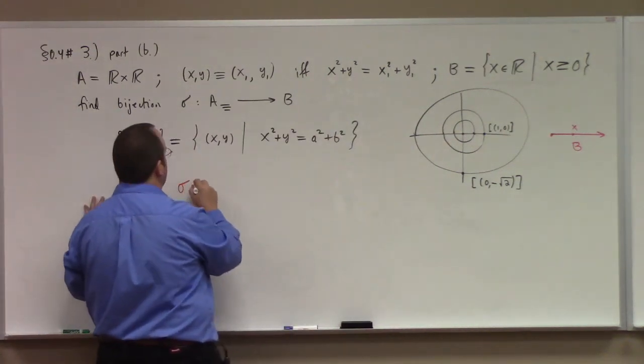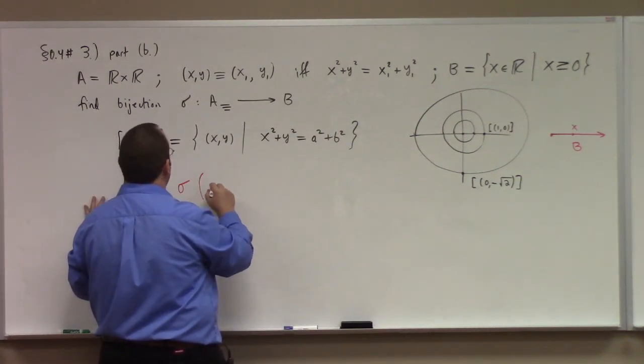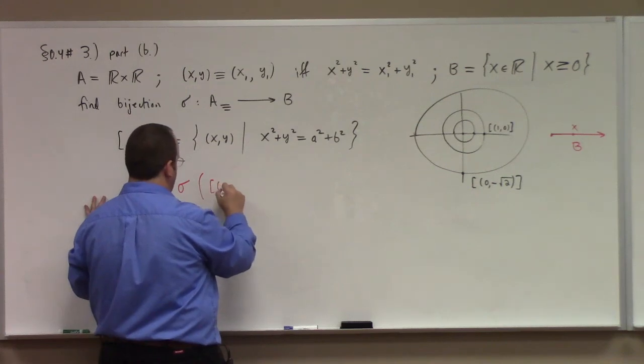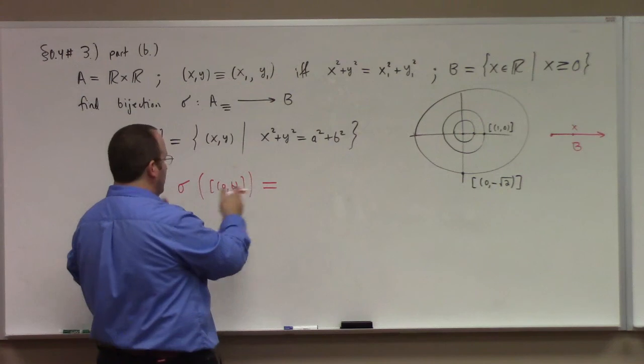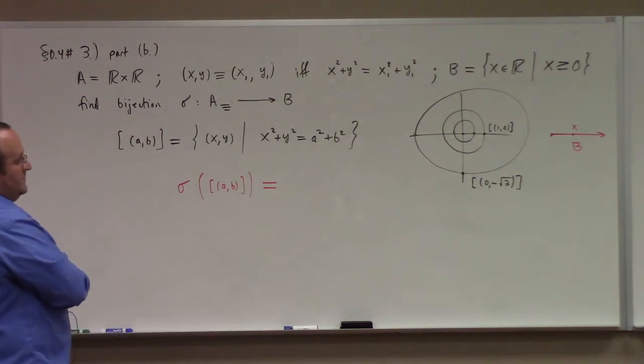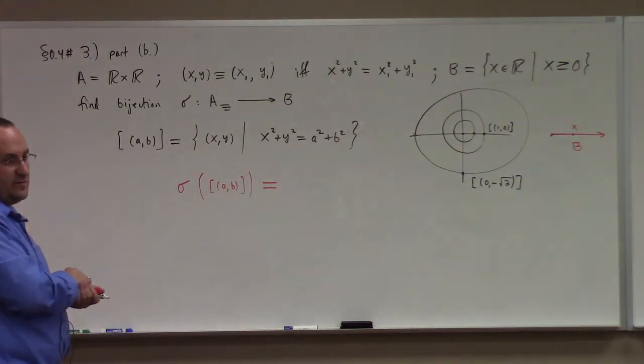So we're supposed to give some bijection. What's our bijection? That takes in the equivalence class, A comma B, and it spits out a non-negative real number. What should I do?